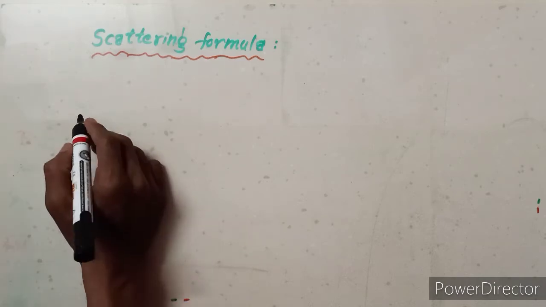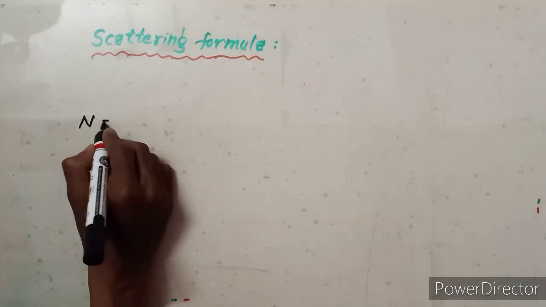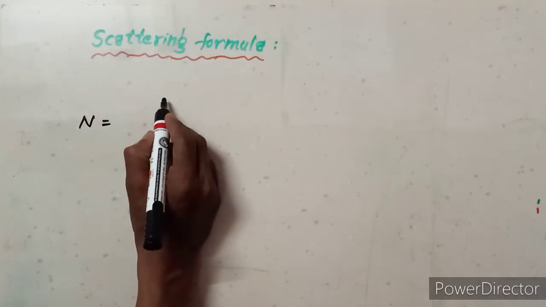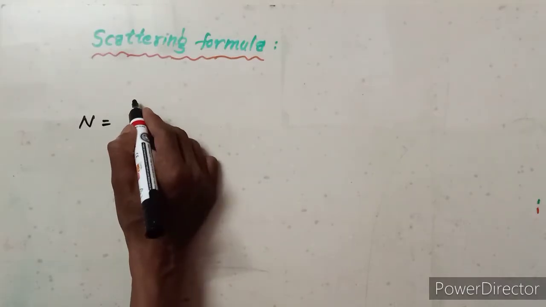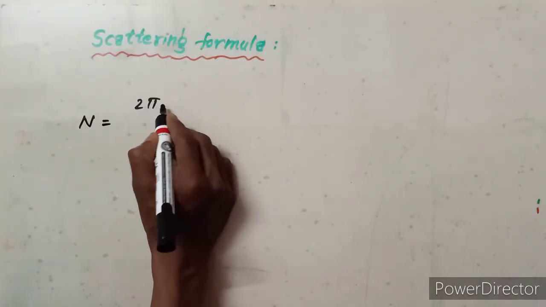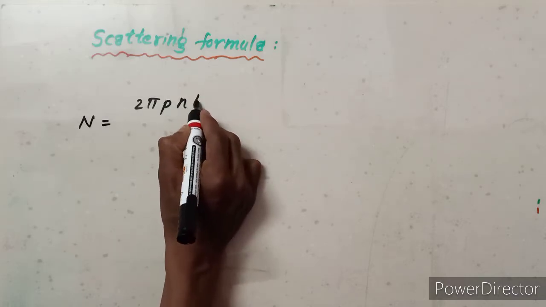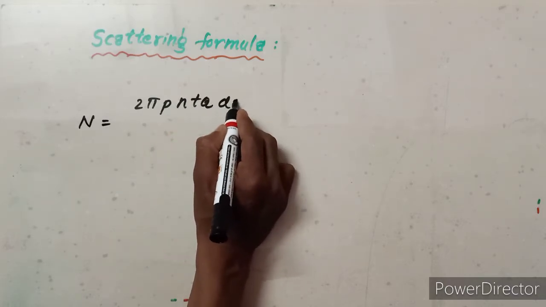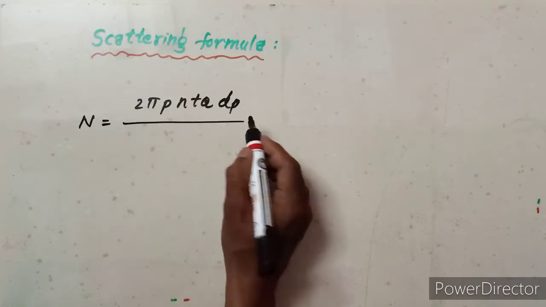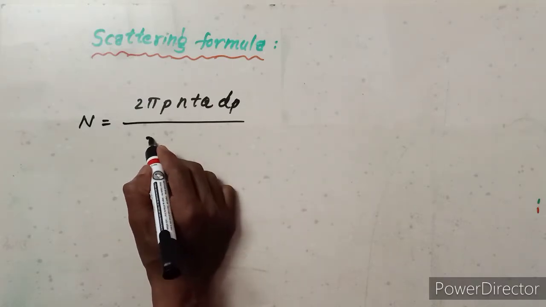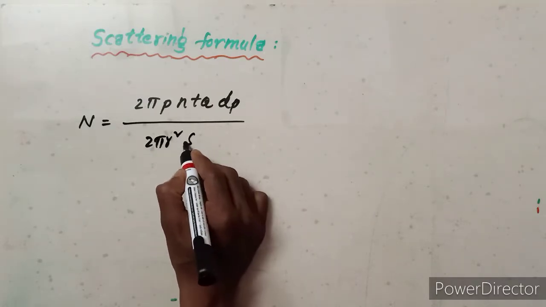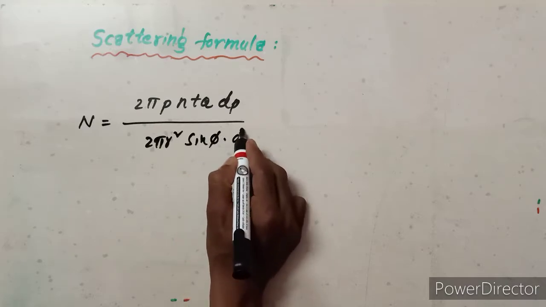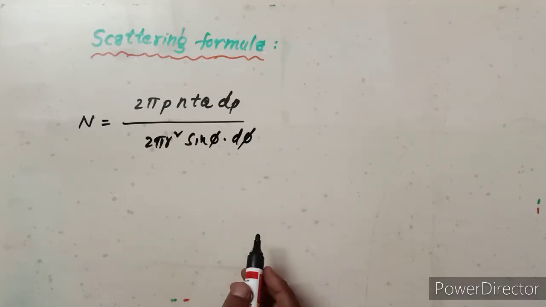From the definition of the scattering formula, N equals the number of alpha particles scattered between P and P plus dP, which equals 2 pi P NTQ dP, upon the circular annulus area, which is 2 pi r square sin phi d phi.